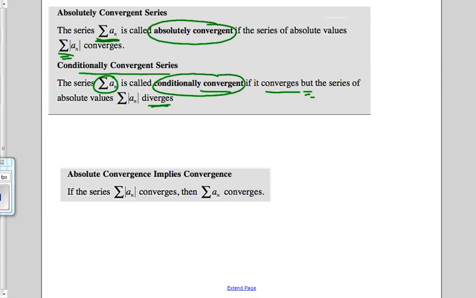And there's an implication: if the series converges when you take the absolute value, then it will converge without the absolute value. So in other words, absolute convergence is the more powerful statement, as I said before.